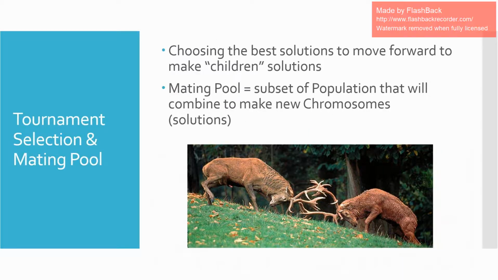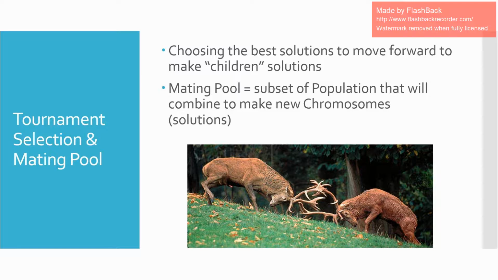Next component in genetic algorithms is tournament selection and mating pool. To determine which solutions will move forward to reproduce, a tournament is held to determine the best contenders. Kind of similar to how two animals battle to determine which one is going to move forward to reproduce. In the code, the tournament selects 3 random chromosomes from the population and then chooses the best one based on its evaluation metric.